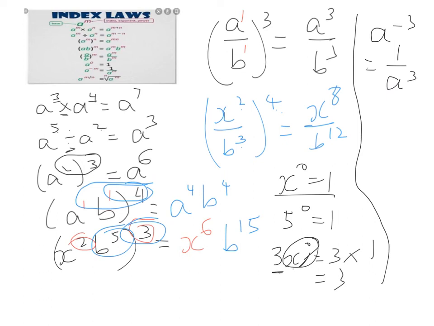It doesn't matter what it is, that's what we end up with. We could have 2x to the power of negative 4. That will become 2 times 1 over x to the power of 4. So we end up with 2 over x to the power of 4.